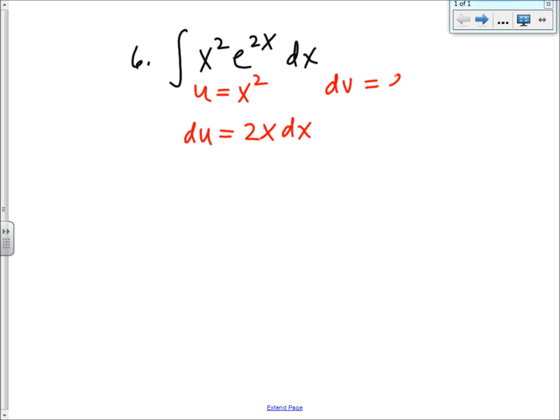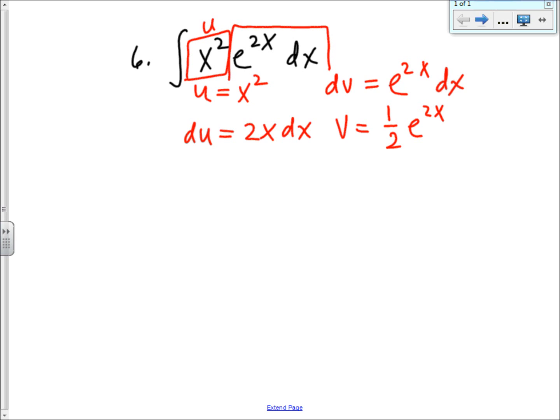So dv is e to the 2x dx. So now you start thinking in your head here, what's v? Right. It's going to come out as 1/2 e to the 2x. Okay, so again, I'm choosing this to be u and this to be my dv.